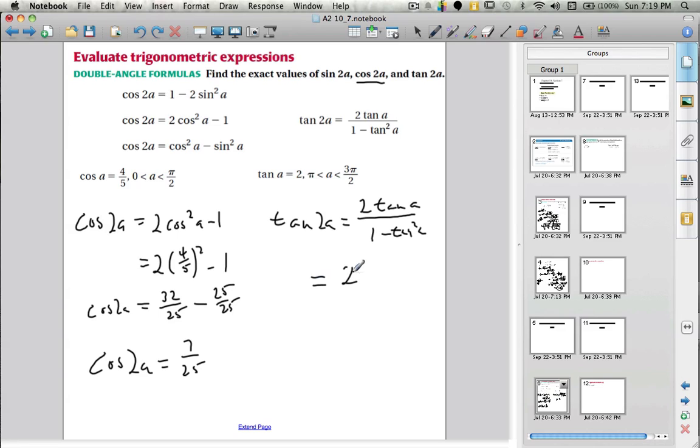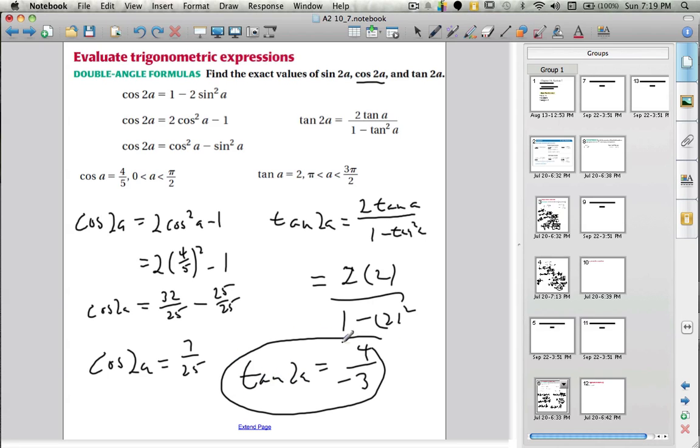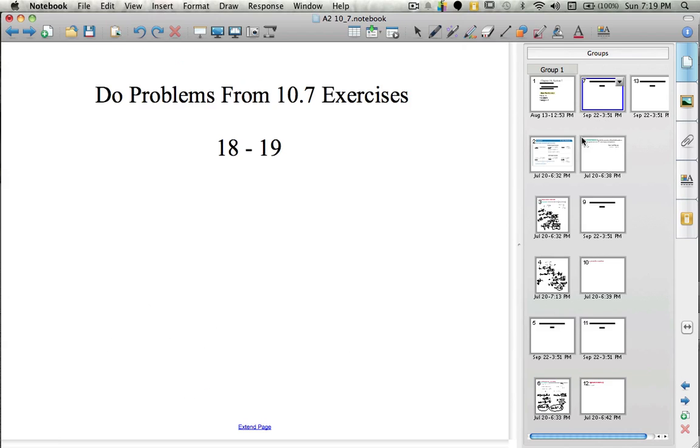So it'd be 2 times tangent of a, which is 2, over 1 minus 2 squared. So this is going to be 4 over negative 3. So the tangent of 2a is negative 4/3. Okay, pretty straightforward stuff. Go ahead and give that a try for yourself. Do problems 18 and 19, and then come back again.